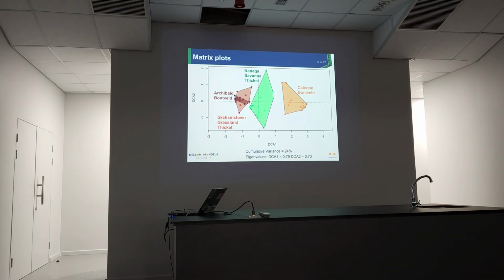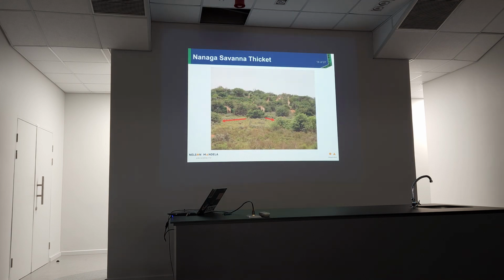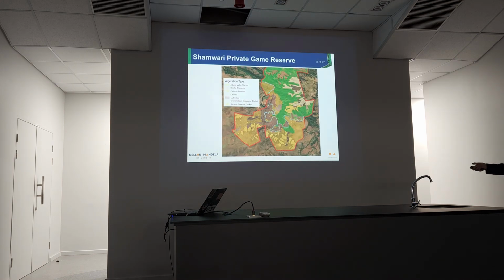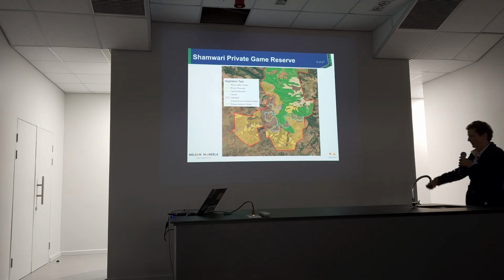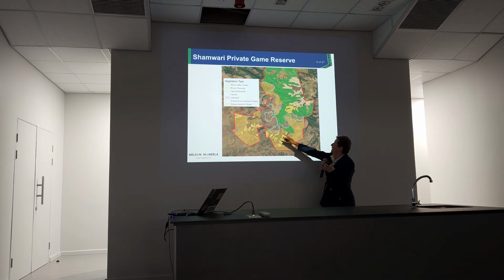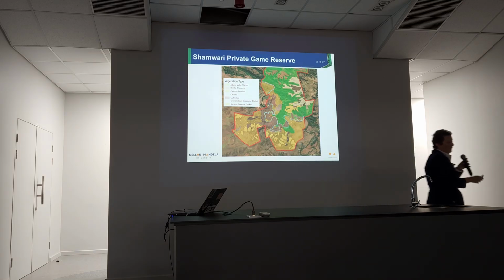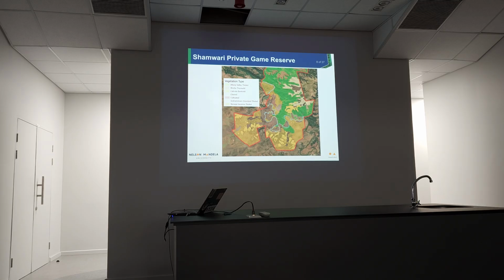Now, if I can just quickly go back to the map, I just want to point out the Archibald Bontveld and Calcrete Bontveld are down here in this area. The Grahamstown Grassland Thicket is up there, and then all this sort of olive brown is Nanaga Savanna Thicket.